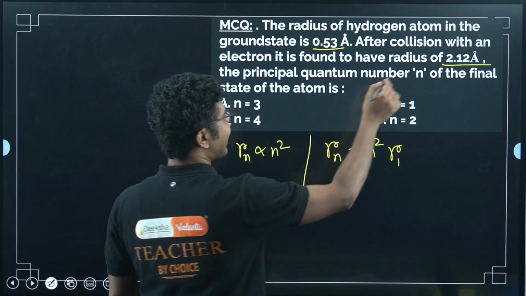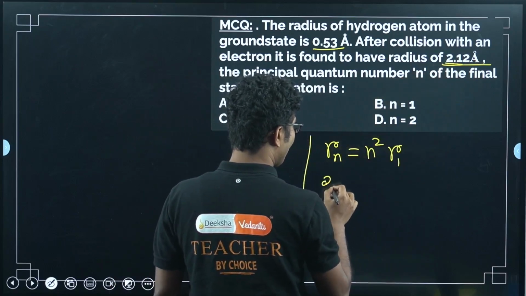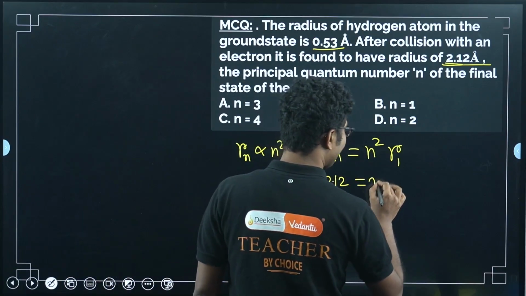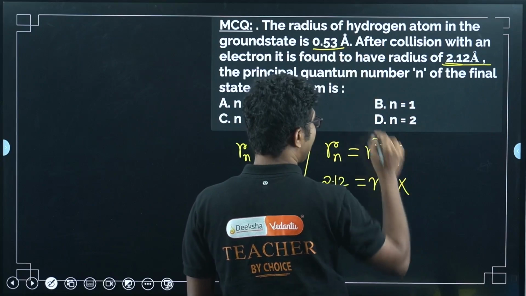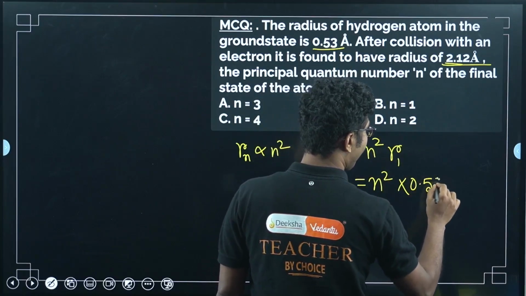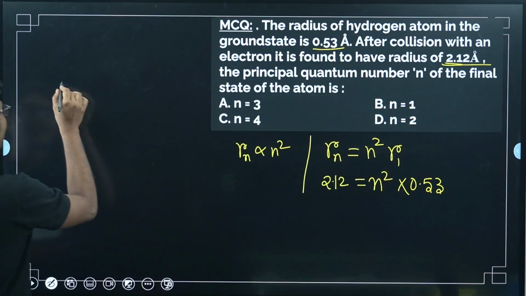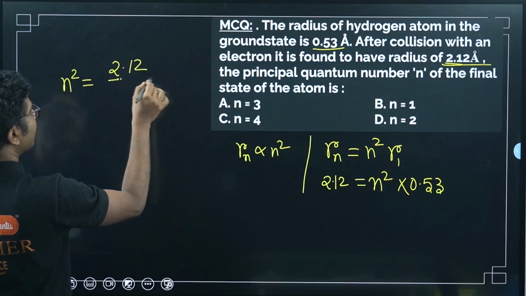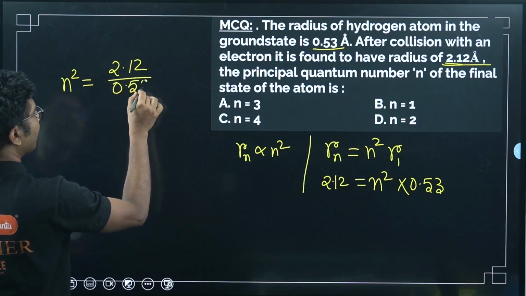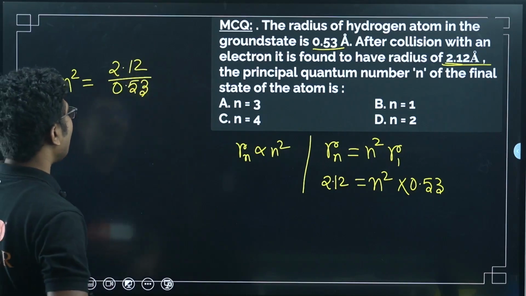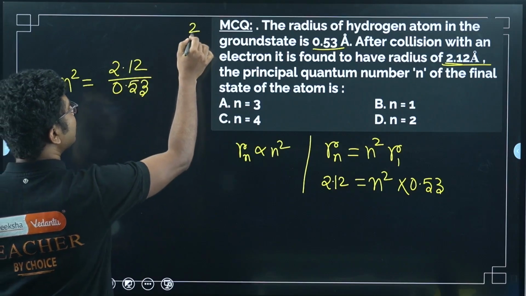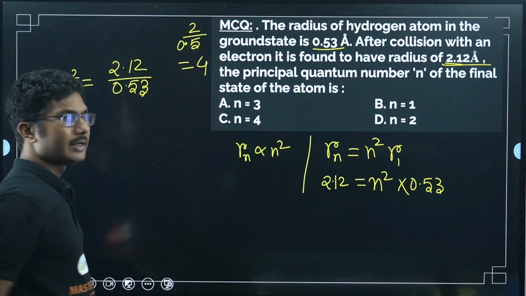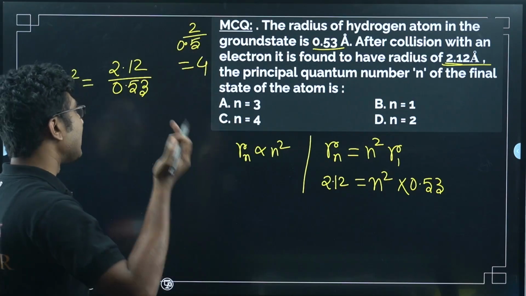Now, what is Rn? Rn given here is 2.12. This is the higher excited state, and we don't know n square, and the ground state is given as 0.53. So n square equals 2.12 divided by 0.53. If you approximate, 0.53 is about 0.5, which is 1 by 2, so it goes up and it will be 4.